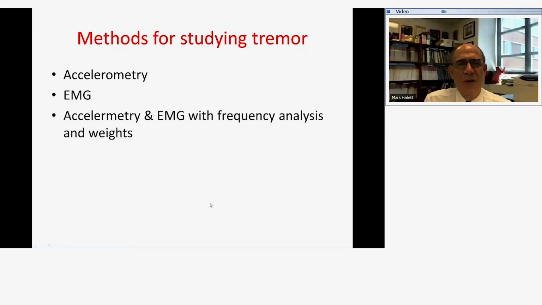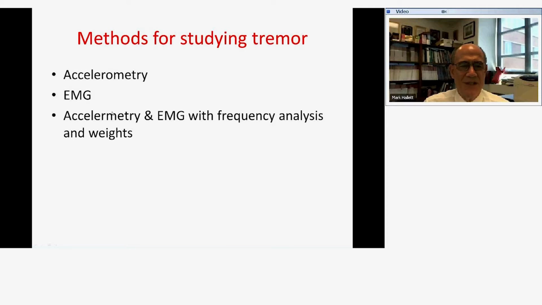All right, so how would we study tremors in order to figure out which of these things is actually happening? We use a combination of accelerometry, which can measure the acceleration of a body part, and EMG.